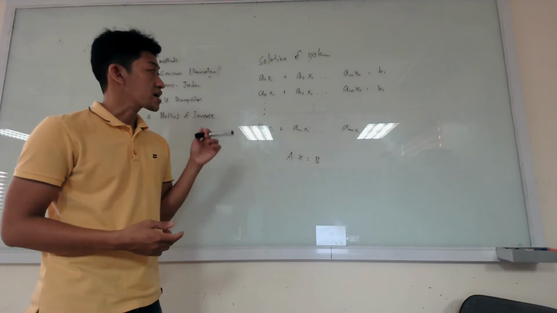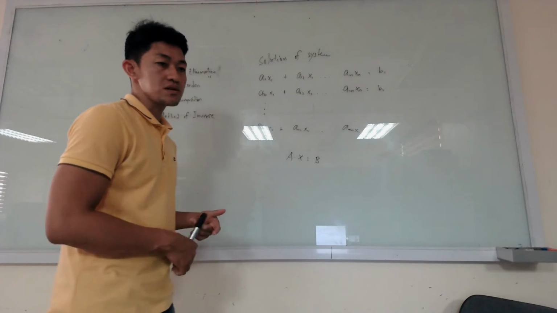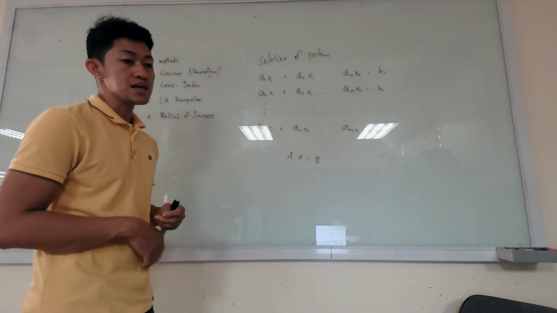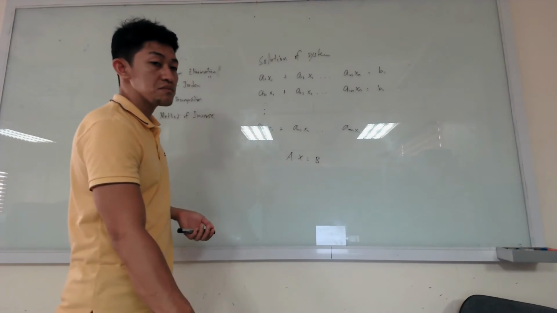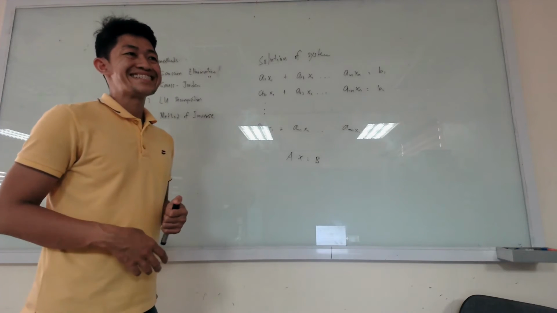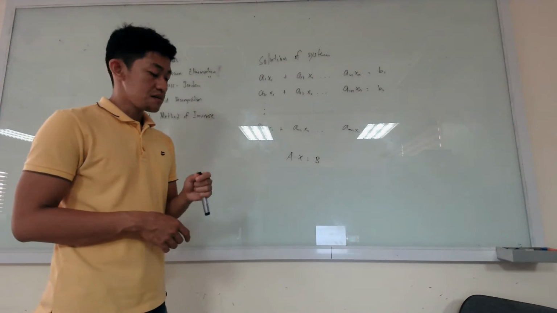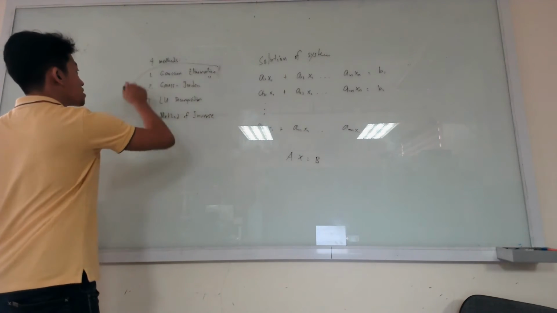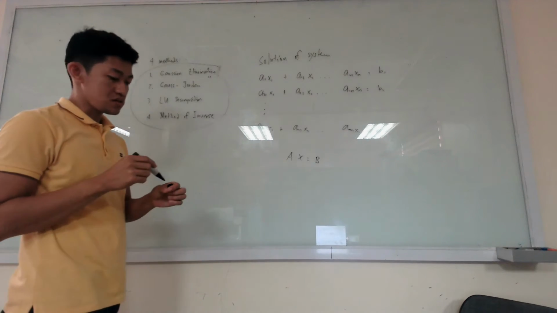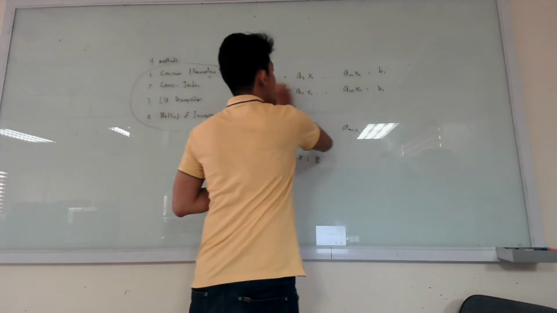Another one is Cramer's rule. Another good method, but we will not discuss it since you have already tackled it in your previous math subjects. So we'll focus on these four methods. Okay, so let's start with Gaussian elimination.